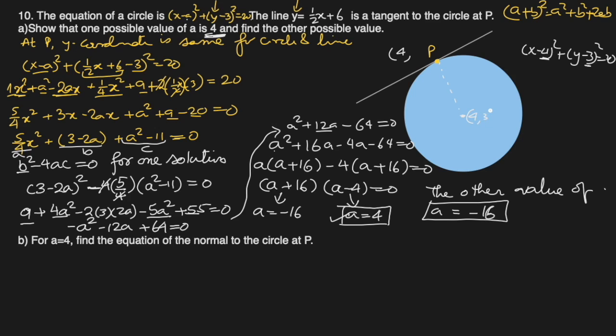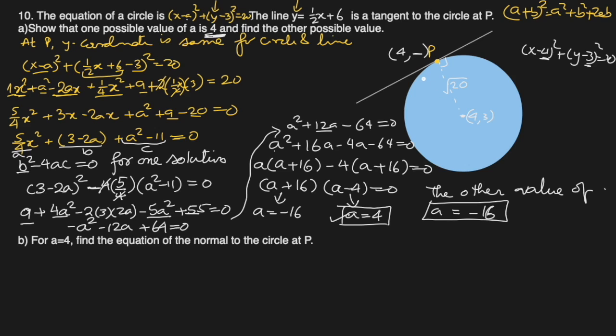The negative of whatever are numbers here, that becomes the center, and the radius is, rather, not 20, square root 20. This radius. But we need the equation of this normal. This is 90 degree to the tangent. We want its equation.